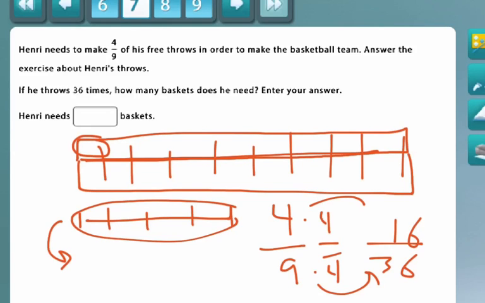So they're basically saying that if you have 4/9 of the free throws that he made, and he throws it 36 times, how many free throws will he need to make the team? And that would be the same as 4 times 4, because each of these is split into 4 parts, and you end up with 16. So he would need to make 16 baskets.